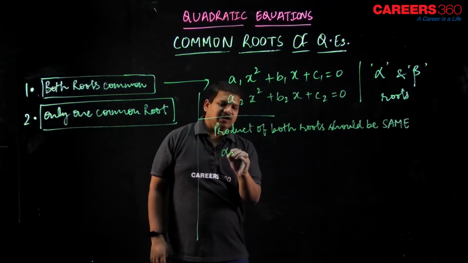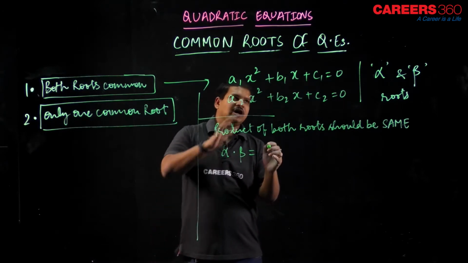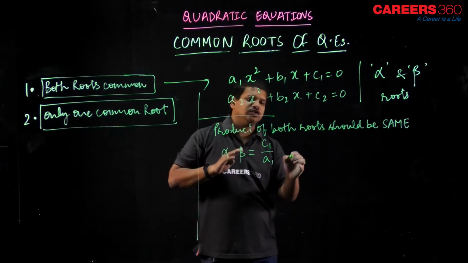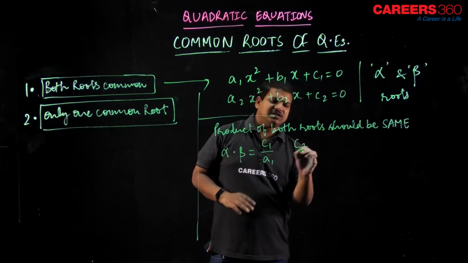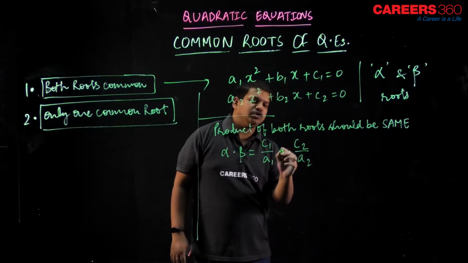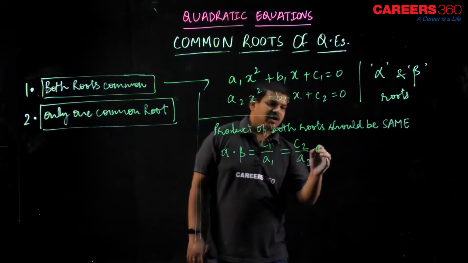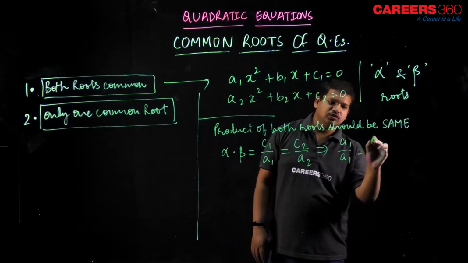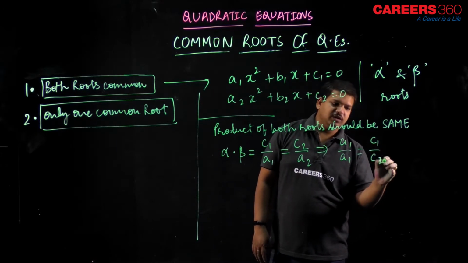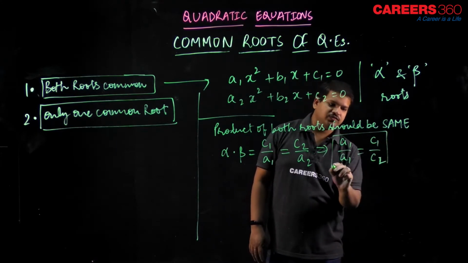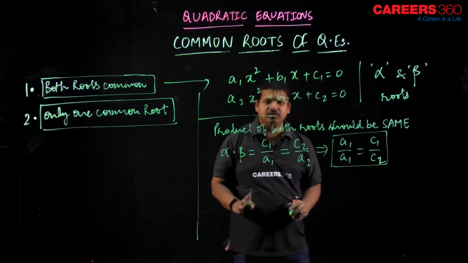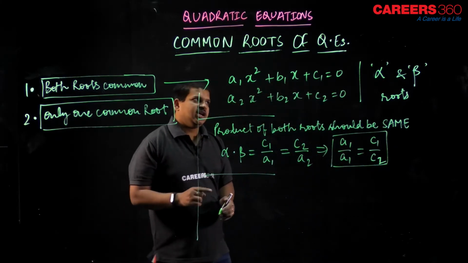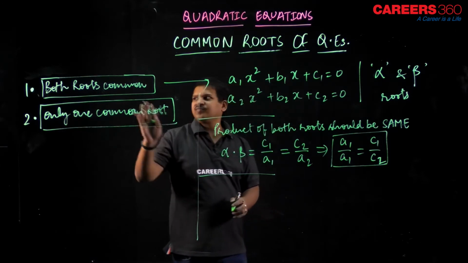That is alpha into beta, or I can say c1 upon a1 for equation 1 and c2 upon a2 for equation 2, these two should be equal. And if these two should be equal, then a1 upon a2 should be equals to c1 upon c2, right?